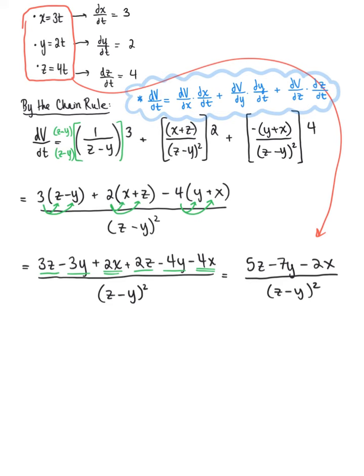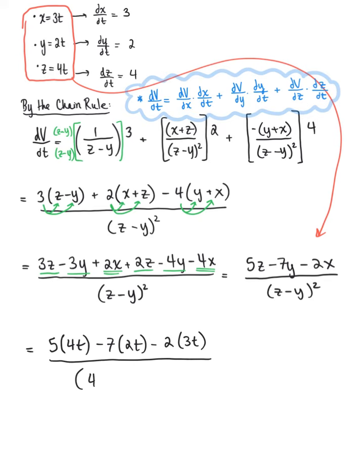So this leaves us with 5 multiplied by 4t minus 7 multiplied by 2t minus 2 multiplied by 3t, all divided by, so z becomes 4t minus y is 2t squared. So what are we left with here?